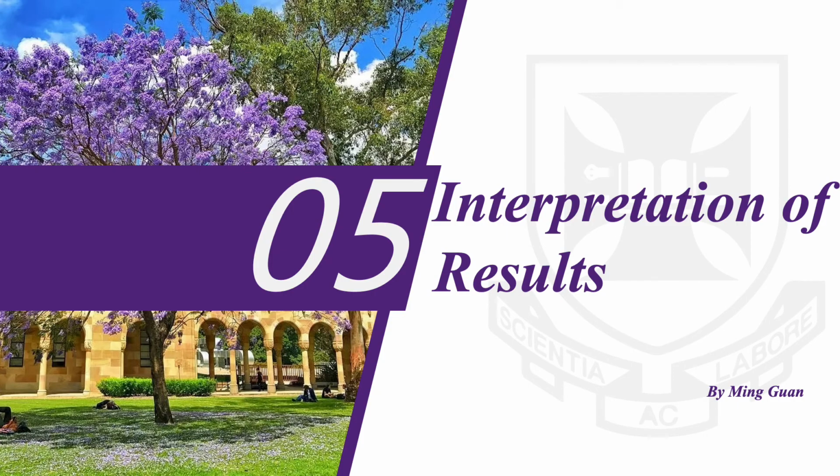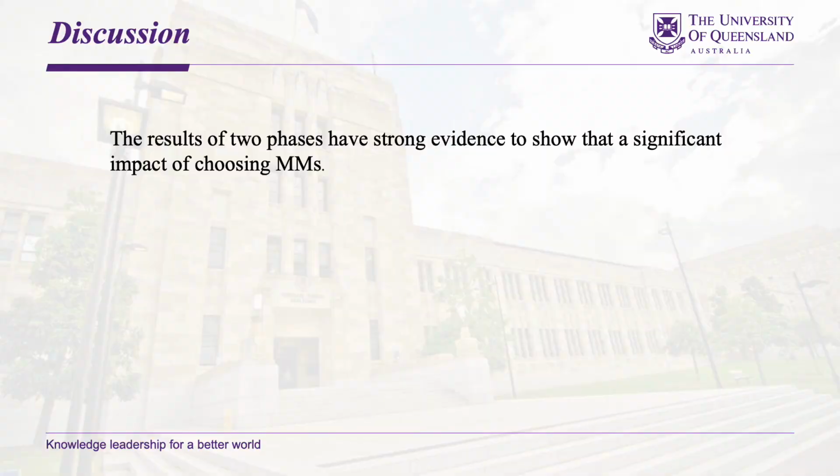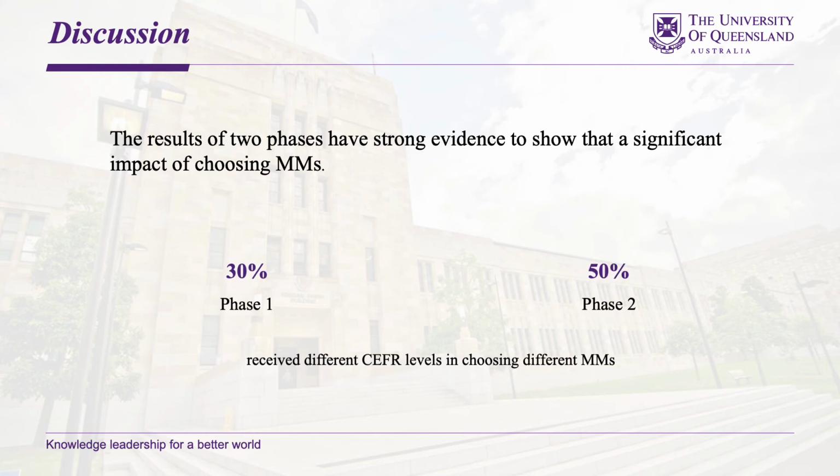Interpretation of results. The results of the two phases provide strong evidence of a significant impact of choosing marking models. From phase 1 to phase 2, 30 and 50% of candidates respectively received different CEFR levels when different marking models were chosen.